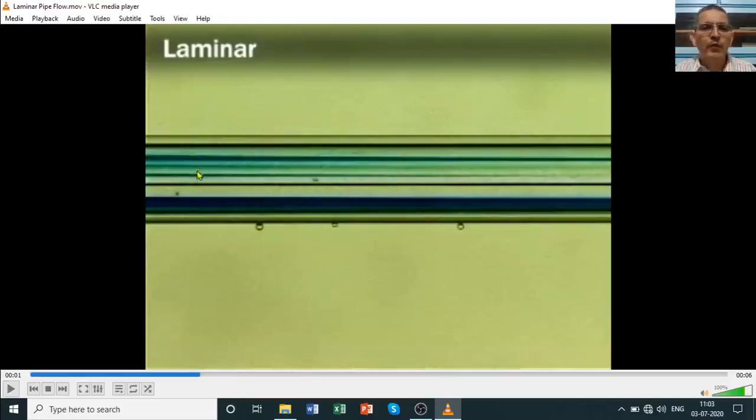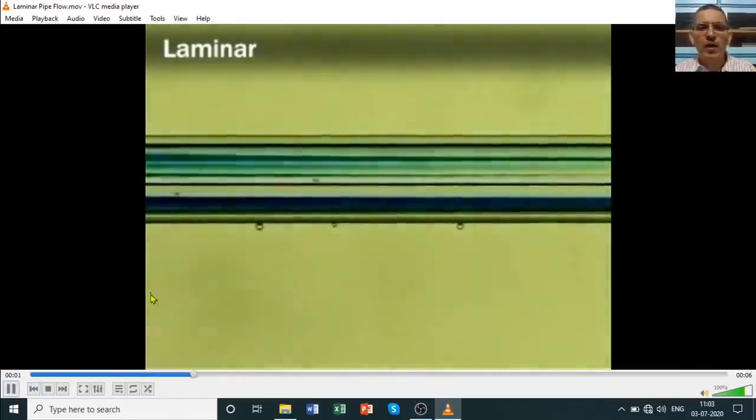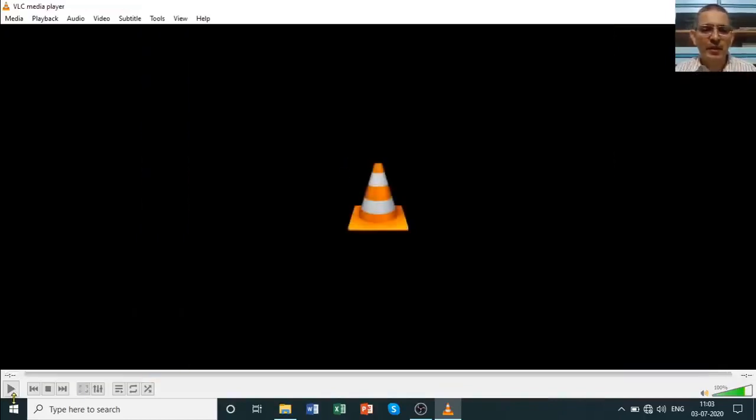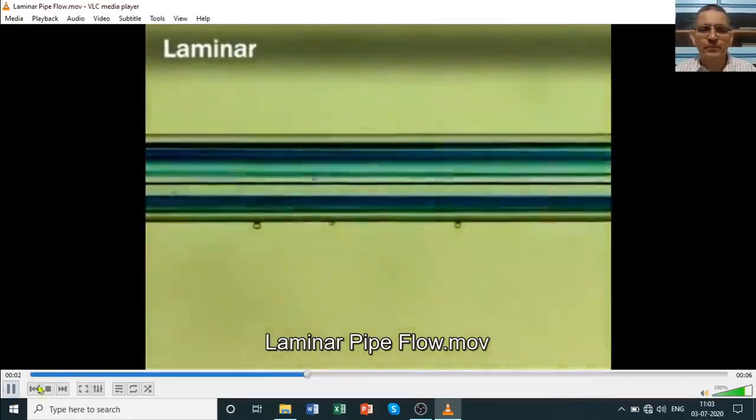And just to make the flow visible, blue colored ink is put in some places, and then you can see that these layers of blue ink move along without mixing much with each other. Say for example, this layer, they are not mixing significantly with each other, right?